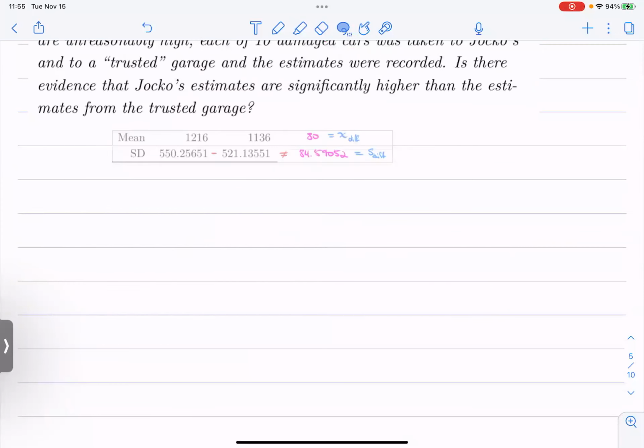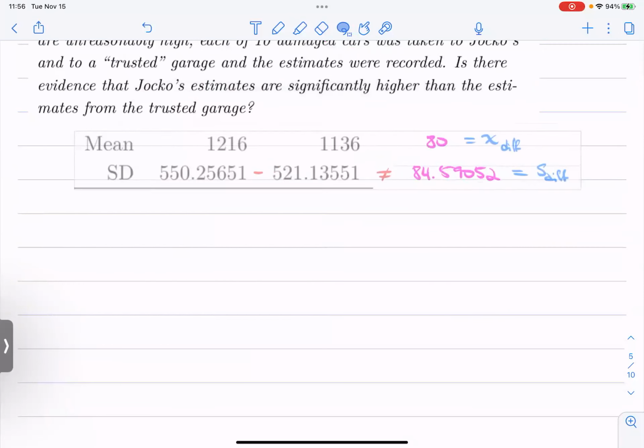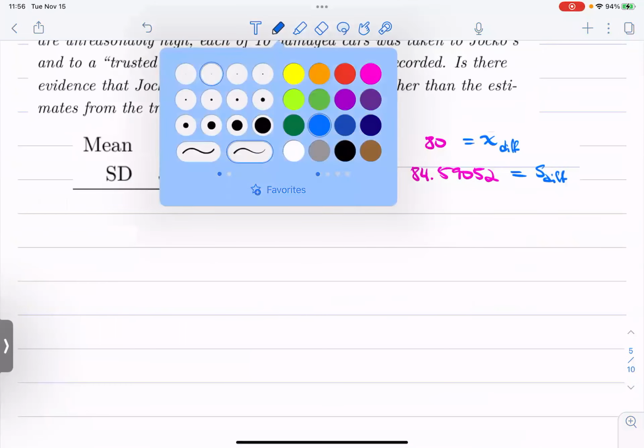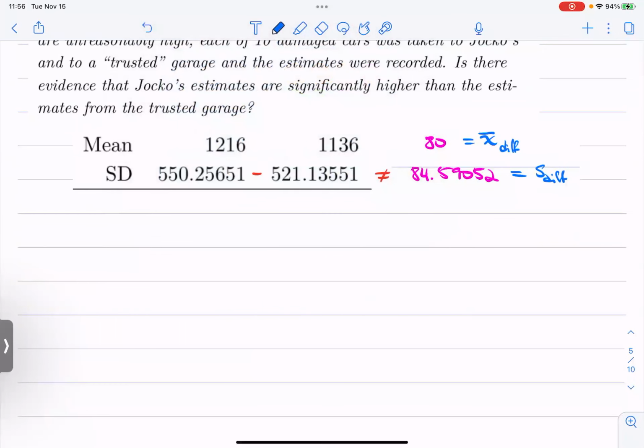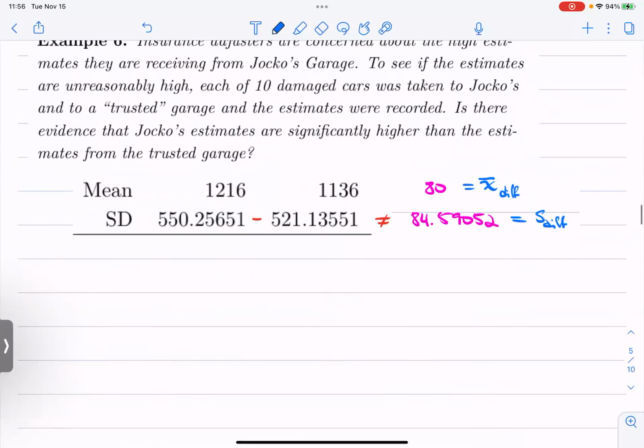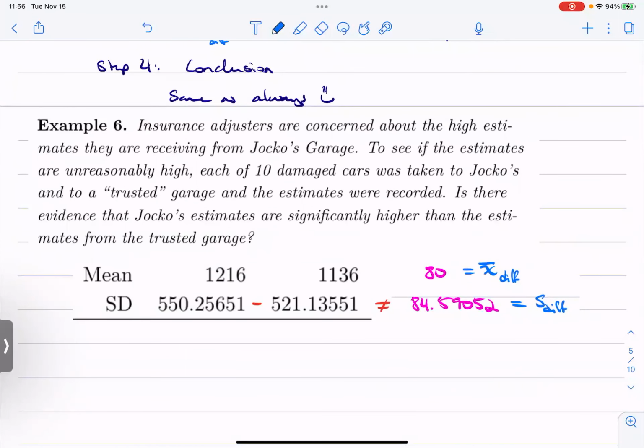It's X bar. So this is the typical layout, or kind of the information that we need, for paired data.